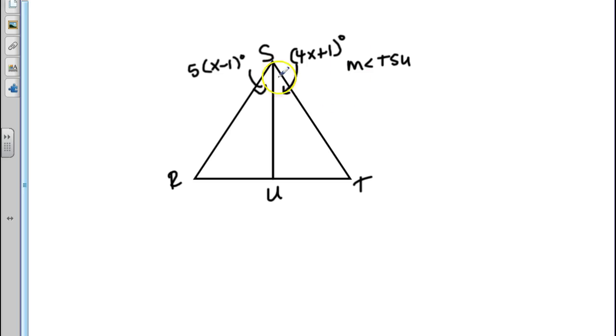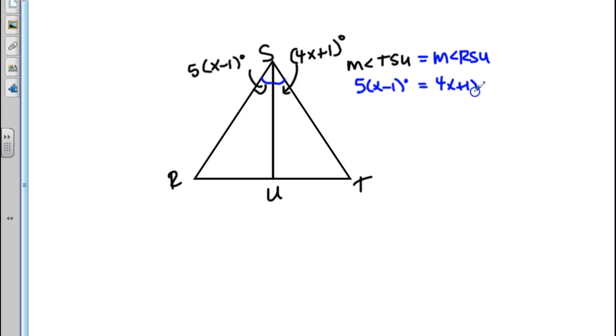All right, and I want the measure of this angle right here. Well, what do we know about these two? We know that the measure of angle TSU is equal to the measure of angle RSU, because by the definition of angle bisector, SU bisects angle RST. So since those are equal, we can set them equal to each other.